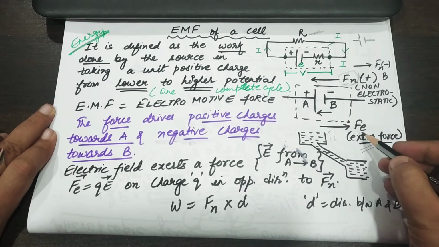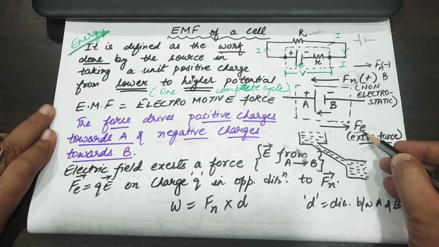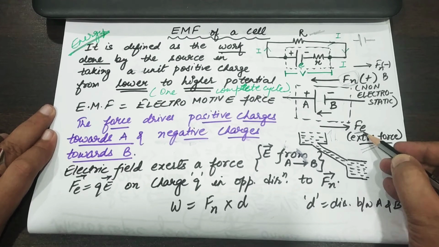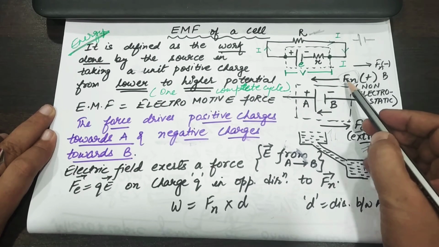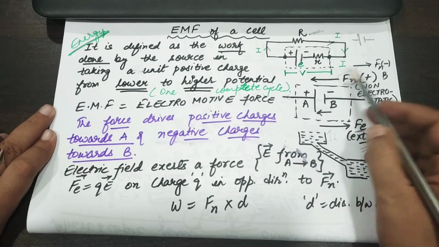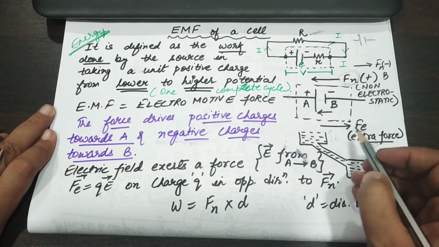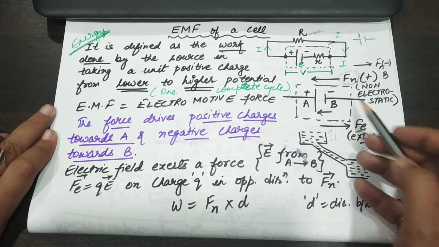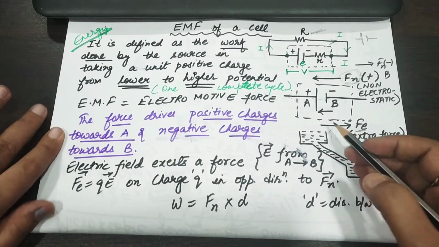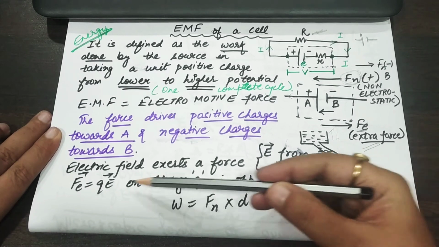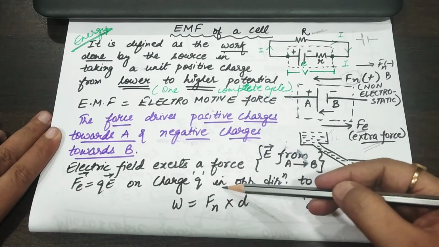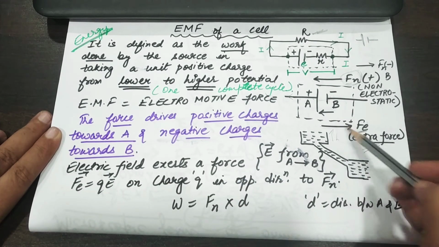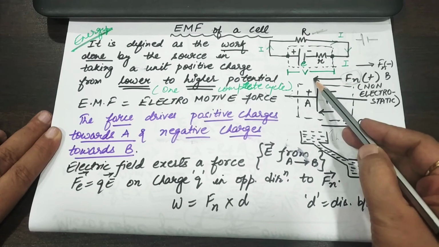Let us say that force is Fe, right? So it exerts on the charge Q in the opposite direction of Fn. Fn is making positive charges move this side, negative charges move this side, and this force exerts in this direction from A to B, opposite to Fn, right? So the electric field exerts a force which equals QE on charge Q in the opposite direction. Fe will be this side, Fn will be this side.